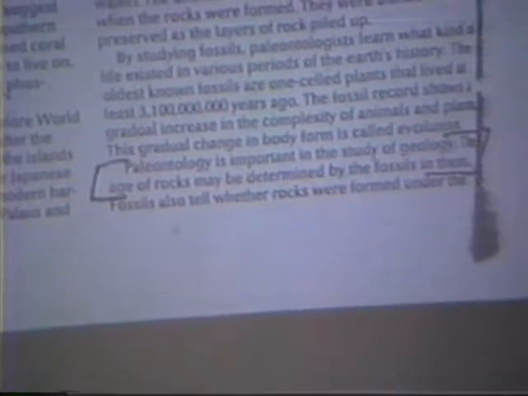Paleontology is important in the study of geology. The age of rocks may be determined by the fossils in them. Folks, this is a World Book Encyclopedia used in every school and university in our country. You date the fossils by the rocks, you date the rocks by the fossils.